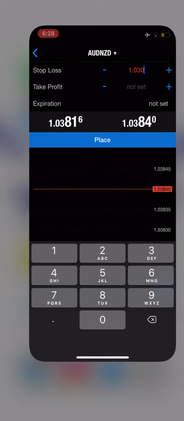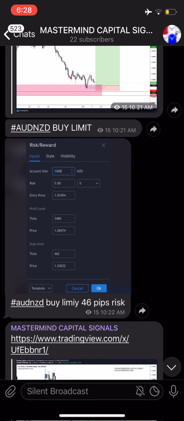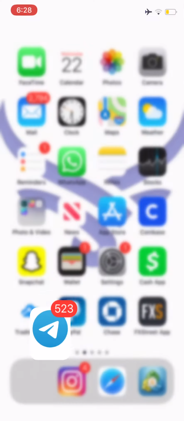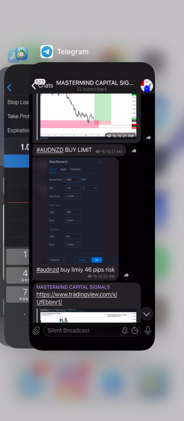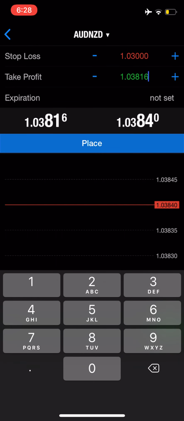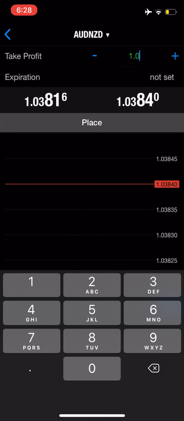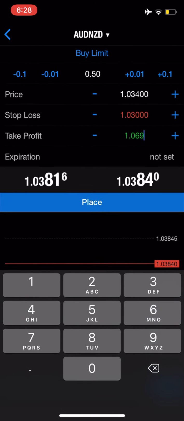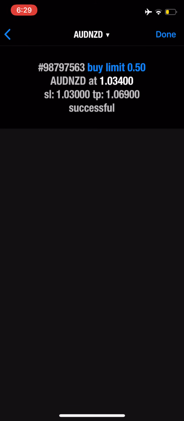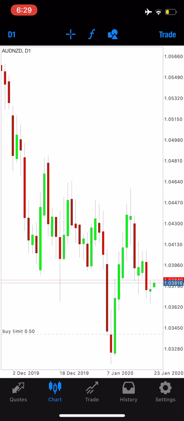And our take profit 1.69, right? And place. So now the buy limit is placed, and if the market gets down to that price, the trade will automatically enter it without you having to enter it, even if you're sleeping, right?